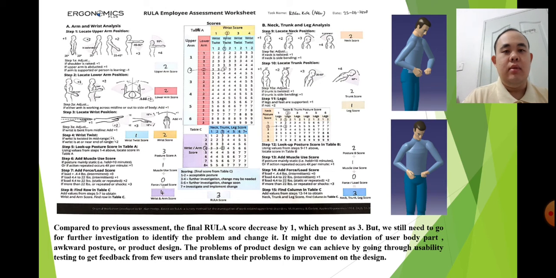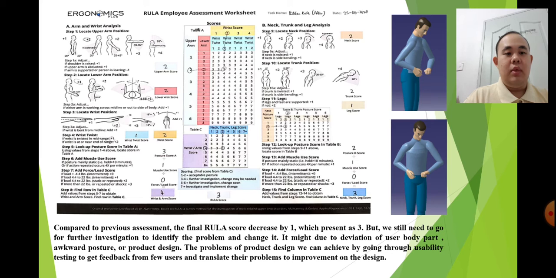In this assessment, the second assessment, we have done it on the ergonomic design kitchen knife. The final score will be 3. Compared to the previous assessment, the final ruler score decreased by 1. It is a good sign, but based on the scoring table, we still need to go for further investigation to identify the problems and change them.